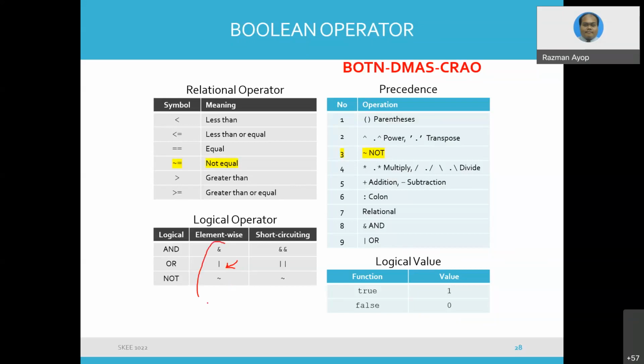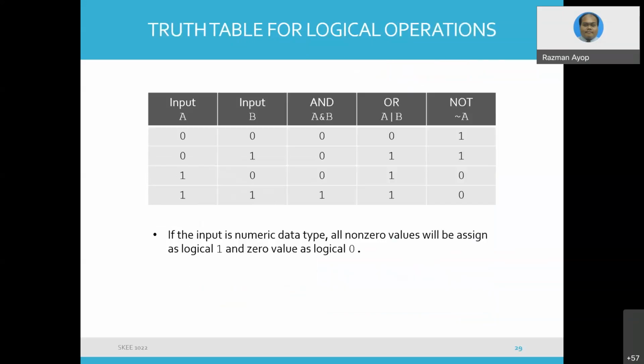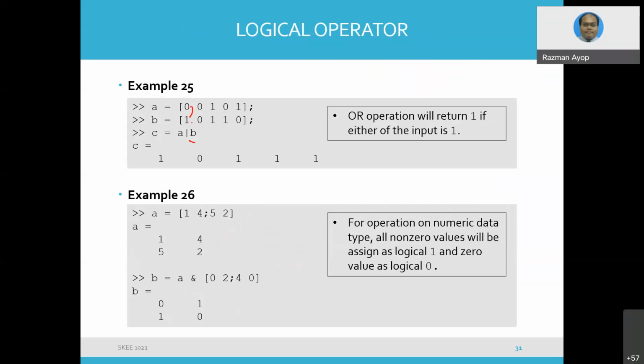Focus on this first. This one is chapter 4, no need to worry yet. You can use this to solve the OR operation. 0, 1 is 1, 0, 0 is 0, 1, 1 is 1, 0, 1 is 1, 1, 0 is 1. This is how you solve arrays.